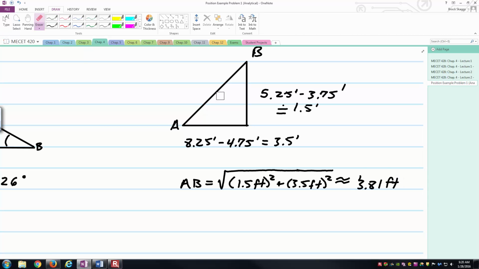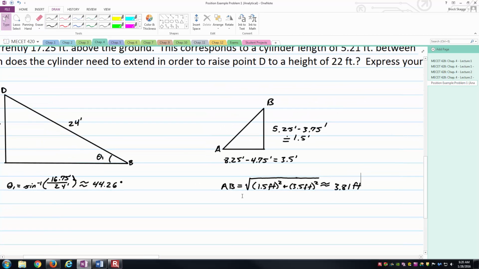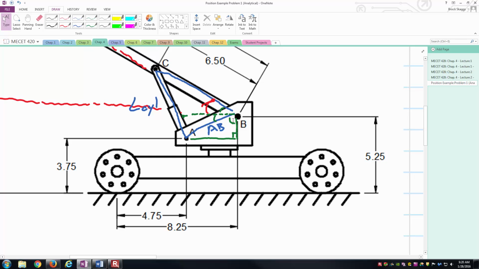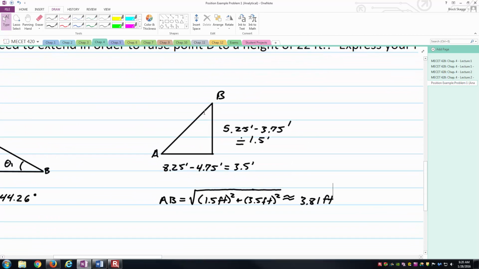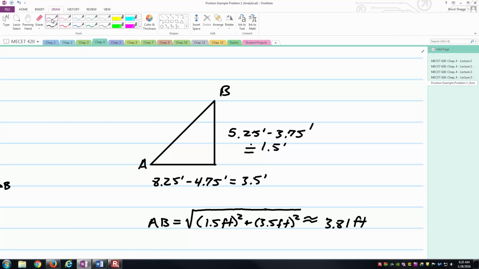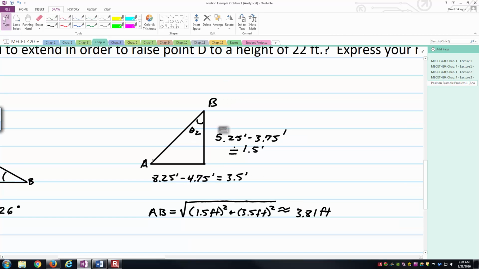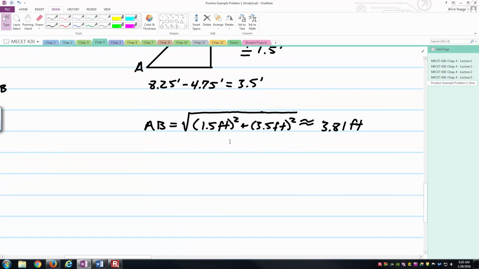Alright, so everything's falling out nicely up to this point, and we needed an angle from this triangle. Now if you come back here to our plan, we needed that top right angle there, and so let's call that theta 2. We'll just increment the subscript of theta as we work along here. And so this angle here is theta 2. Here we can use a number of different inverse trig items here.